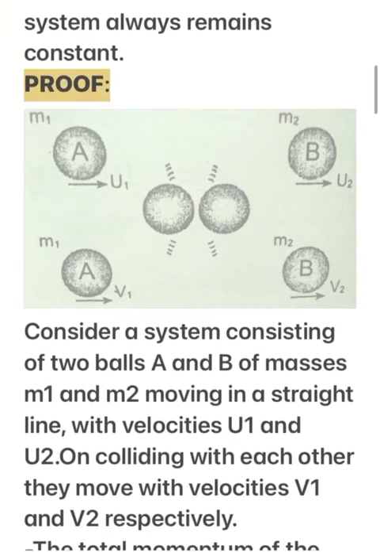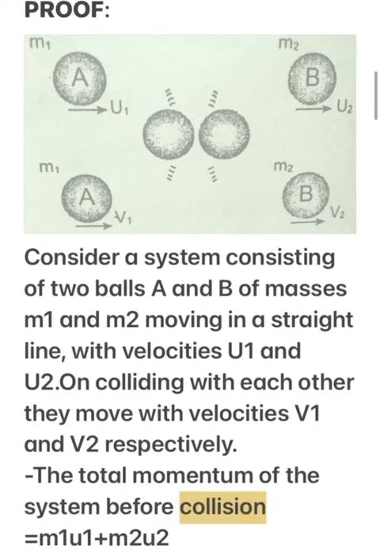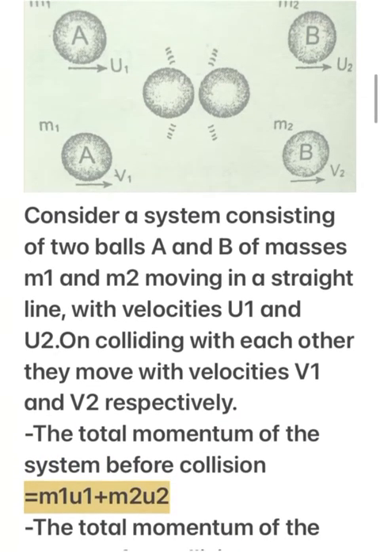Proof: consider a system consisting of two balls A and B of masses m1 and m2 moving in a straight line with velocities u1 and u2. On colliding with each other, they move with velocities v1 and v2 respectively. The total momentum of the system before collision equals m1u1 + m2u2.